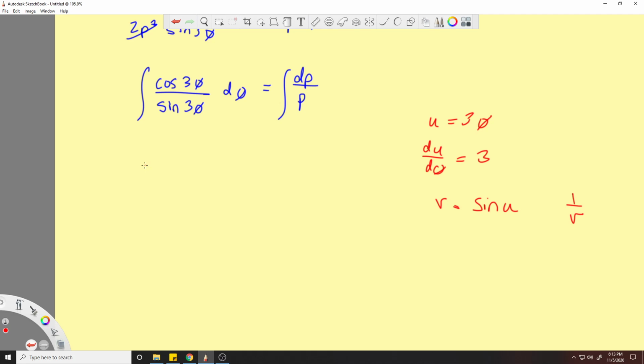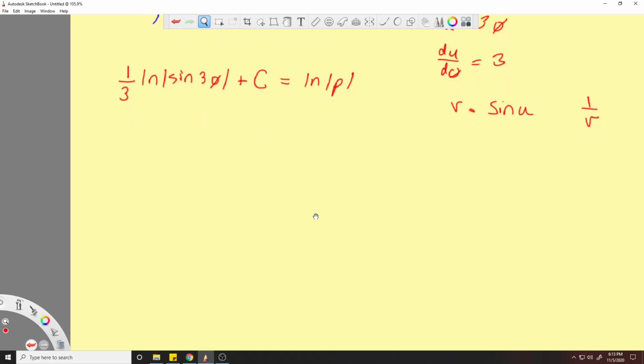So this ends up being 1/3 ln of the absolute value of sine of 3 phi plus your constant of integration. This is simply ln of rho.